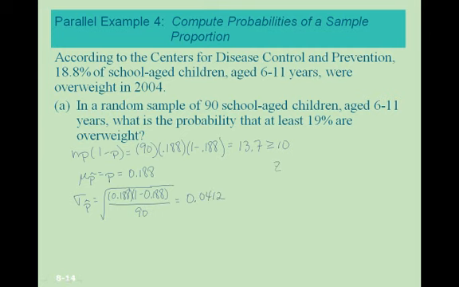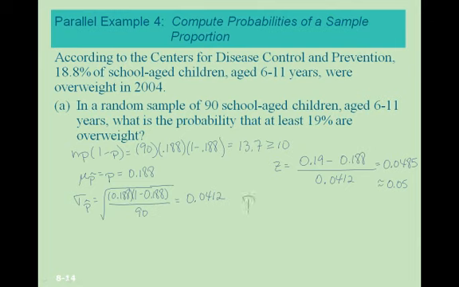So let's convert this to a z-score. We want to know the probability that at least 19% are overweight. So we have 0.19 minus the mean, which was 0.188, divided by the standard deviation we just calculated, which was 0.0412. And we get a value of 0.0485, which is approximately 0.05 for our z-value.